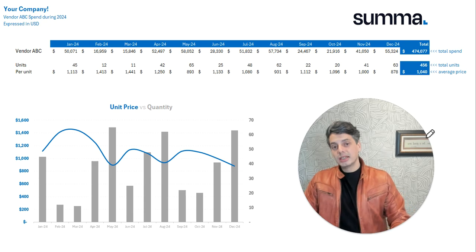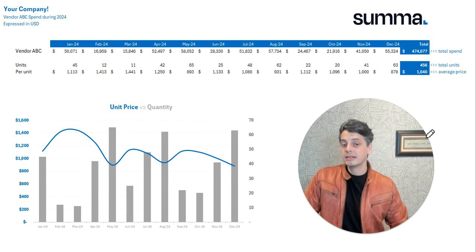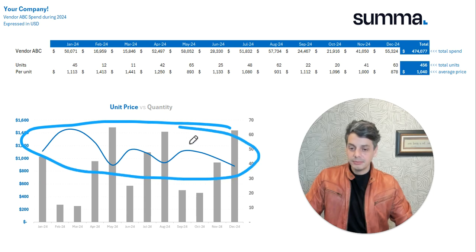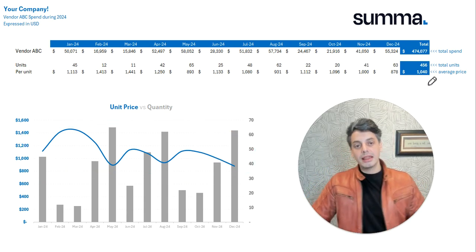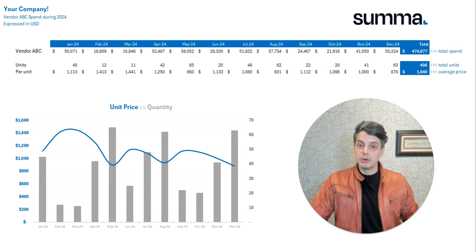But you can also suggest, hey, I would like to fix the prices throughout the year. Because if you see this chart right here that I prepared, our prices have been shifting quite a bit. And even though the average is calculated at $1,040 right here, I would like to fix that across the board.